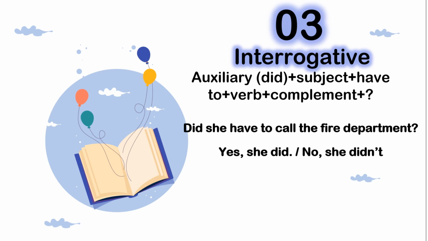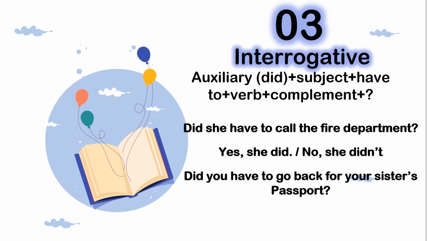No, she didn't. Remember that this is a yes/no question, so you have to answer in a short way. Did you have to go back for your sister's passport? Yes, we did. Or no, we didn't.